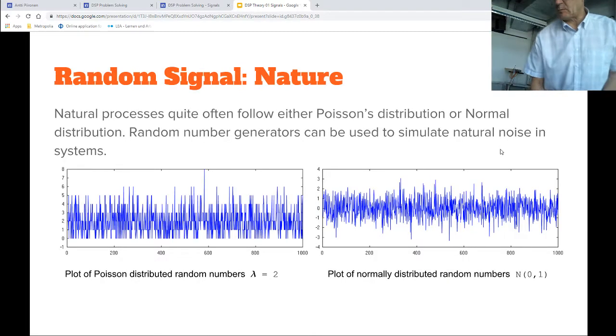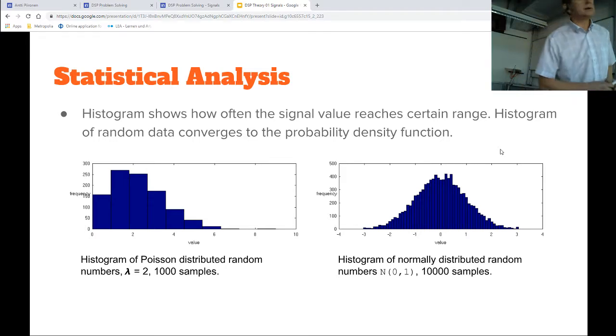Okay, it's quite hard to say which distribution would apply, since they are in time space. But if we do some calculus and make histograms, meaning the frequency of each value, Poisson has this kind of nice skewed bell curve, only positive values, and then the normal distribution has this nice Gaussian shape.